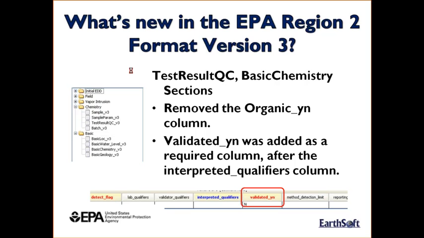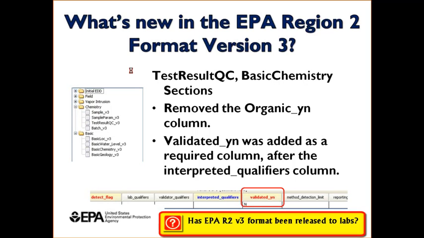The question is, has the EPA Region 2 version 3 format been pushed out to the CLP laboratory, and DESA? The CLP laboratory produces a file for Region 2, which I'm going to talk about a little bit later on.